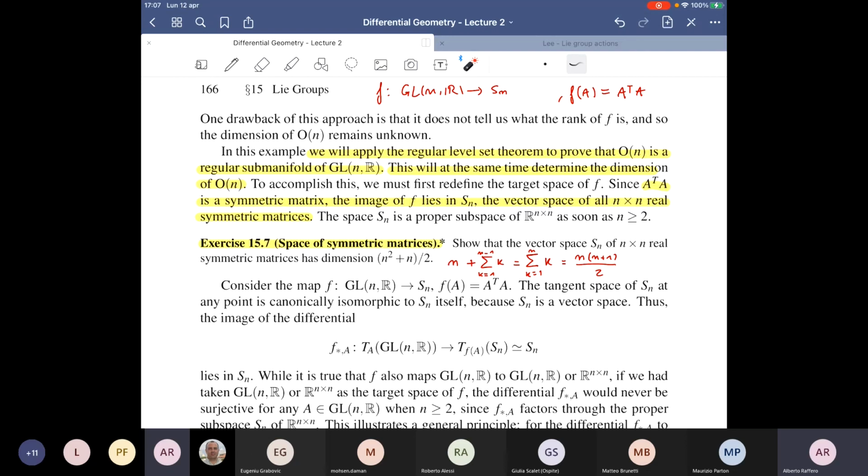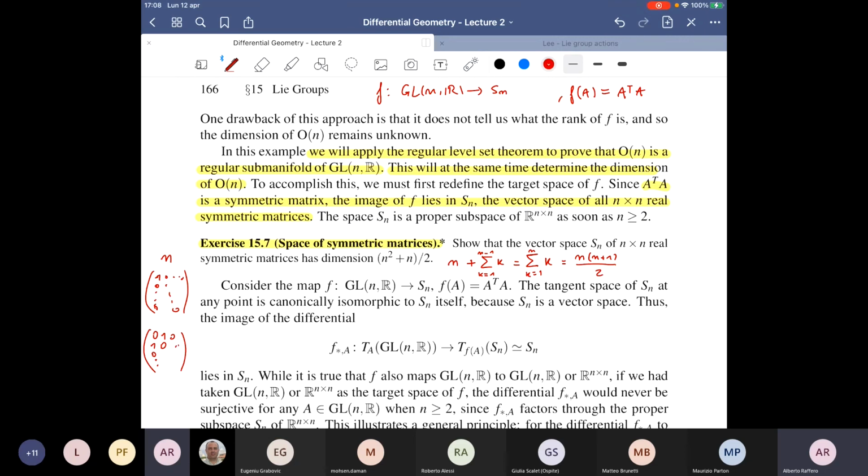So for instance, you will have 1 and all zeros, and you repeat this for every element in the diagonal, and you have n matrices of this form. And then you will have something like 0, 1, and everything else 0. This is another symmetric matrix.